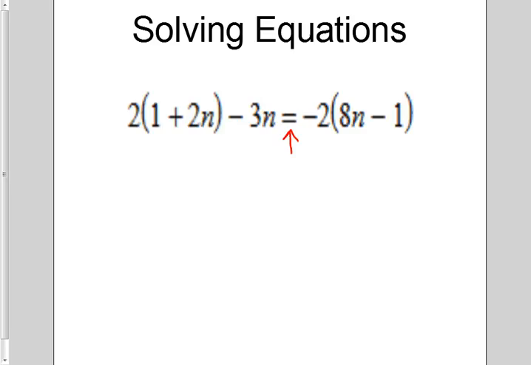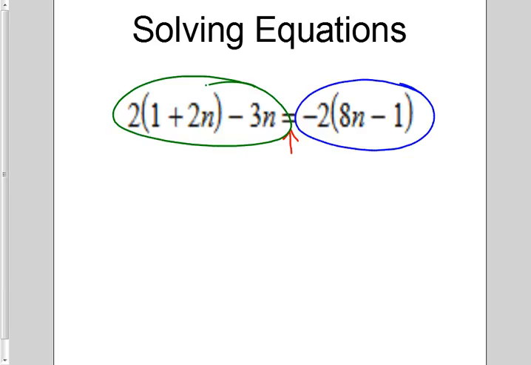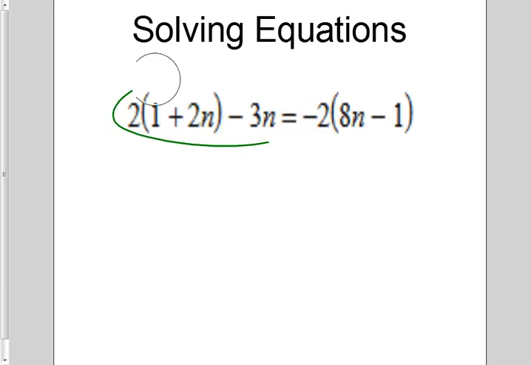So I can do whatever I want to this side of the equation or to this side, as long as I do that to both sides. And the easiest way to remember, when you guys were probably first taught this, and I didn't see a lot of it early on, is that we're going to draw a little line right down the middle, right through our equal sign, and that's going to be our way to remember, okay, if I'm going to do one thing to one side, I got to do it to both.